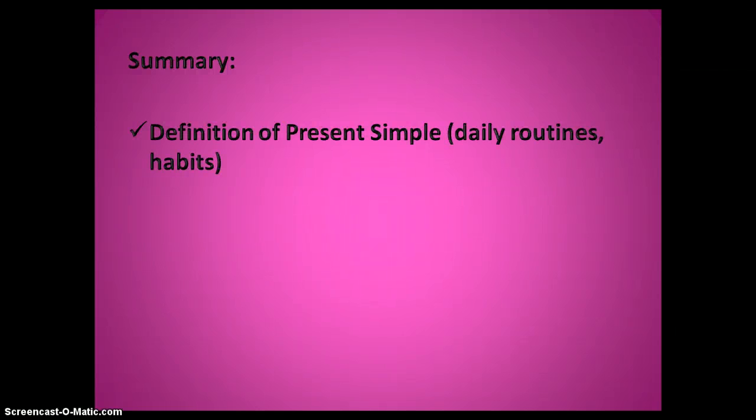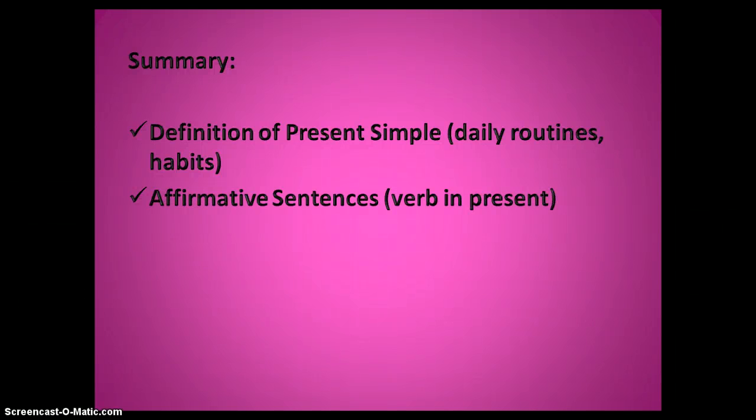So to finish with this class, we are going to review the things that we learned before. You have a summary here of everything that we studied. First, definition of present simple. We have to say that our daily routines or habits and things that happen in our present. We had affirmative sentences, and the verb is always in present. You don't have to forget the use of letter S at the ending of verbs.